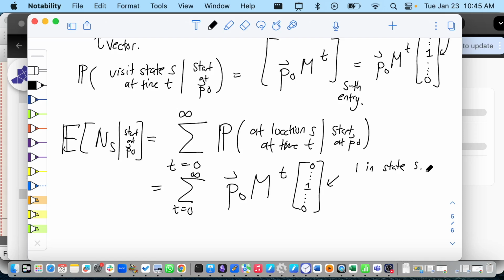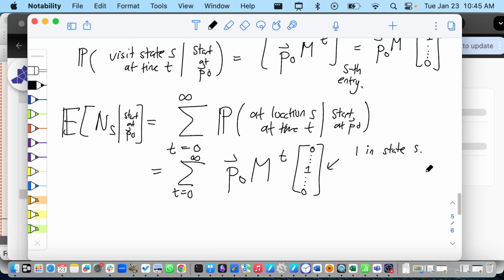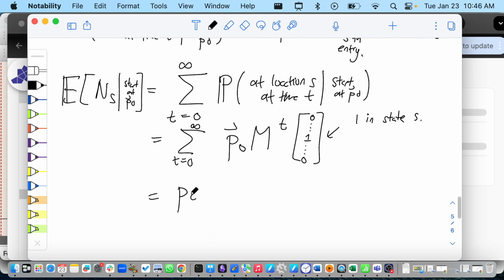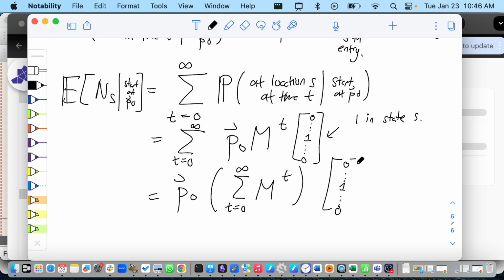If you have an infinite sum of a bunch of multiplications, you could do the infinite sum first and then do the multiplications. So again, changing the order of adding and linear operations is okay. So let me do p0 times this sum, t equals 0 to infinity, m to the power t, and then times 0, dot dot dot, 1, 0. The 1 in state s.